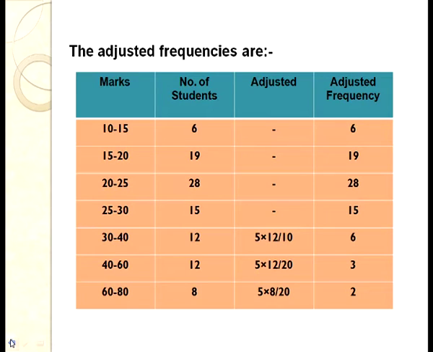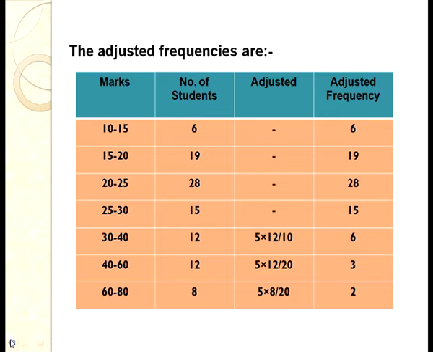Let us see, for 10 to 15, 15 to 20, 20 to 25, 25 to 30, the frequencies are not being adjusted because the class intervals are the lowest and they remain the same. So, we are going to plot the heights of those rectangles as 6, 19, 28 and 15. But when we talk about 30 to 40, we need to adjust the frequency.